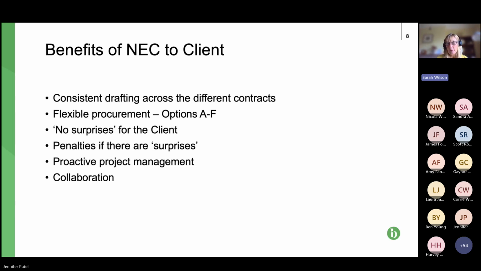The no surprises point for clients, we've already referred to that, and tied in with that is that there are penalties if there are surprises. So basically, time limits for contractor and subcontractor to notify claims, and if they don't comply, if they don't notify or don't notify within the time limits, then they're penalised financially, and it's quite a severe penalty, which might sound harsh, but you know, this is all part of that no surprises.